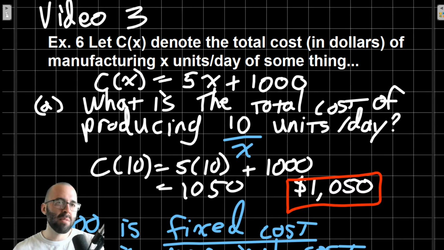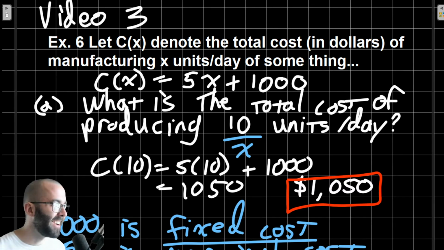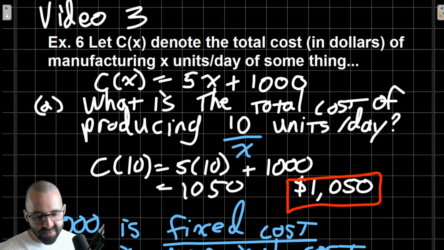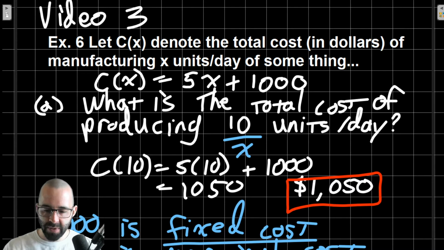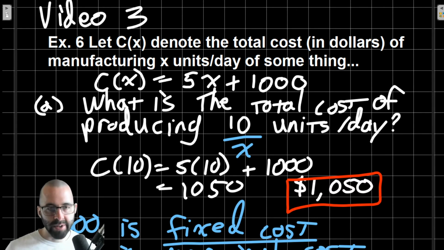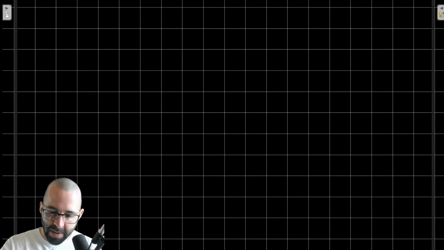But for more complicated modeling functions, more complicated production capabilities and models, marginal cost is going to get marginally more confusing. We'll talk more about this in greater depth later on. There's a lot of stuff in this where we may not go into super in-depth definitions, but you can find them. You can ask me about them. We live in the age of the internet, as you can see, because you're watching this video from the internet. So let's go on to the next one and do part B.